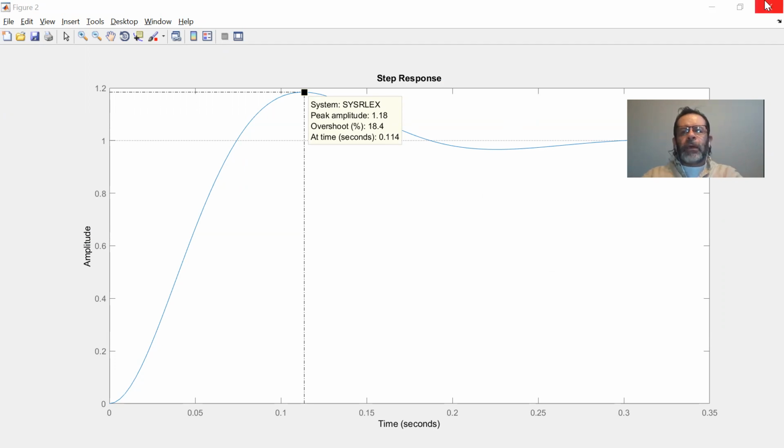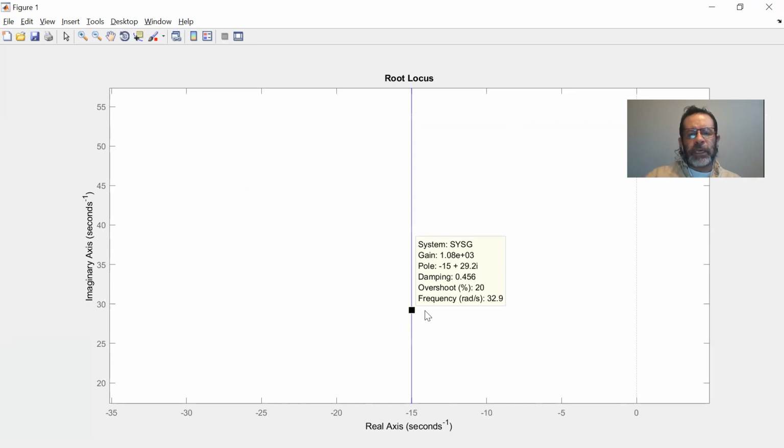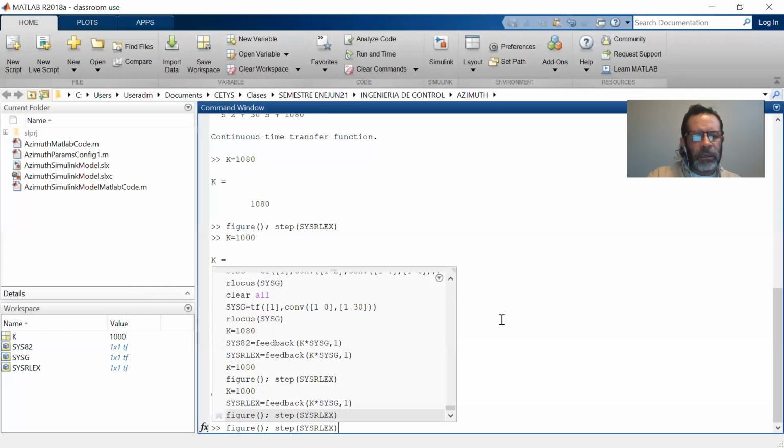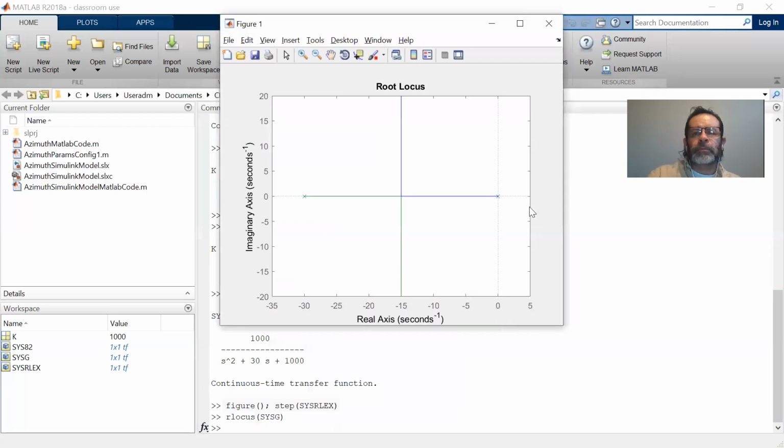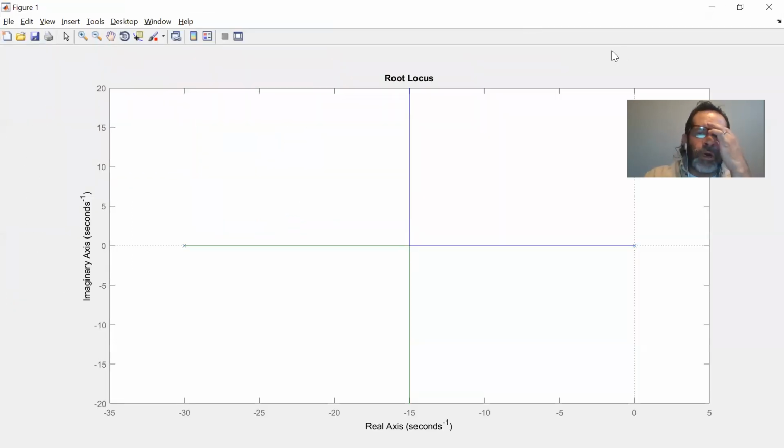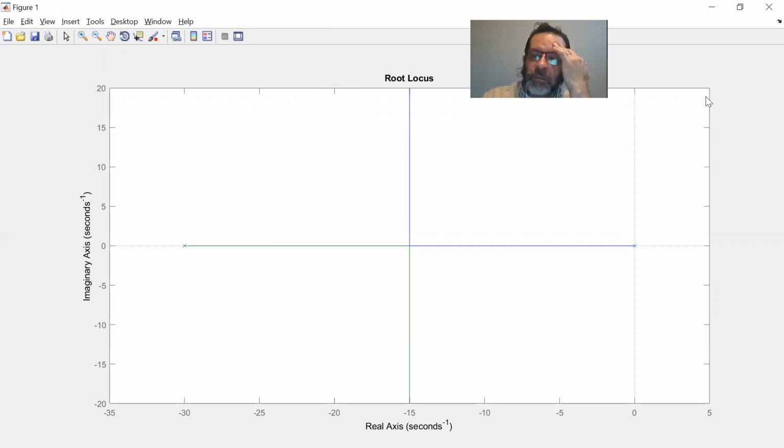Okay. Now let's go back and look at the root locus, and let me just run it again. And so what are the ranges for stability for this system?